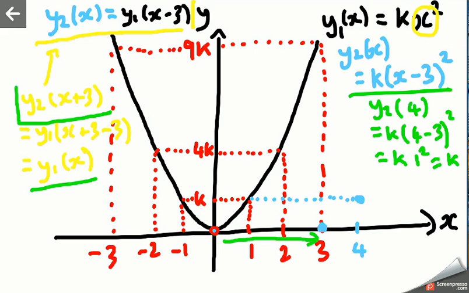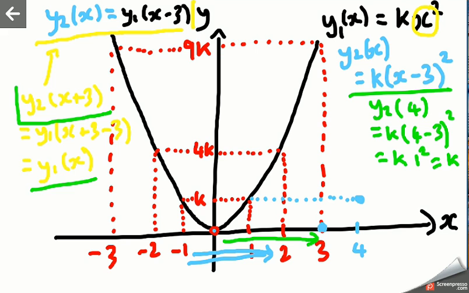We'll check out the point 2 next. So x equals 2. If x equals 2, I also want this thing to equal k, because when x equals negative 1, y1 of x is equal to k. So y1 of negative 1 is equal to k. Well, 2 is 3 units to the right of negative 1, so I want y2 of 2 to be equal to y1 of negative 1.